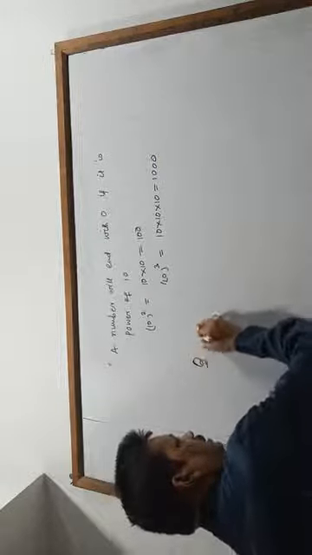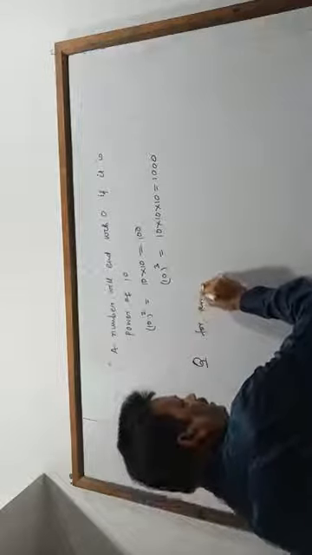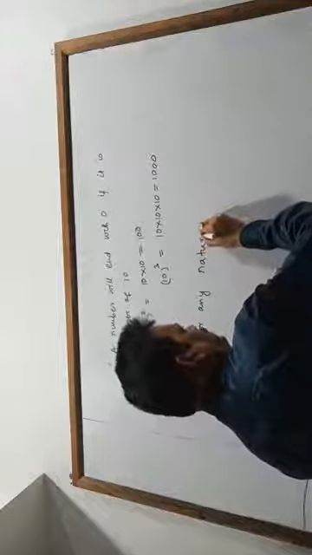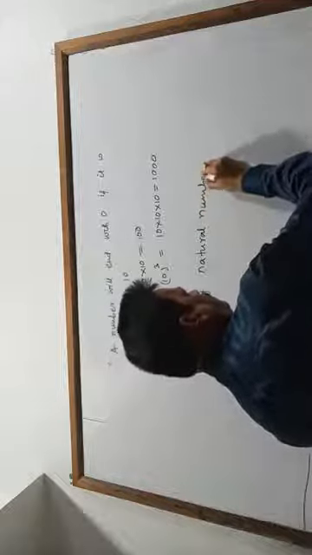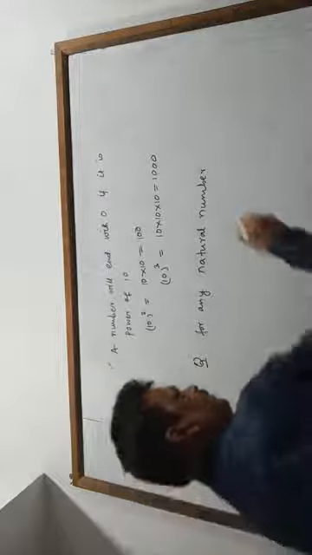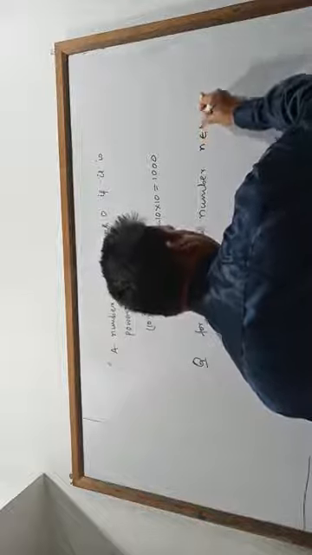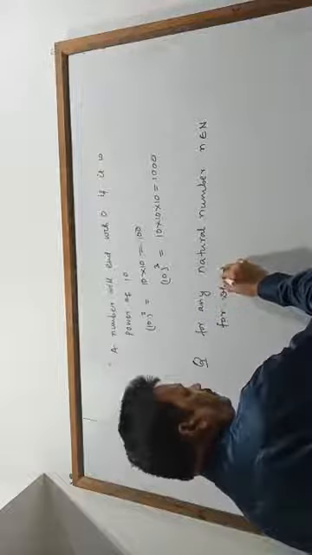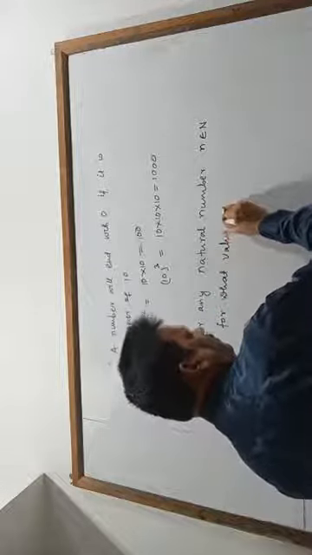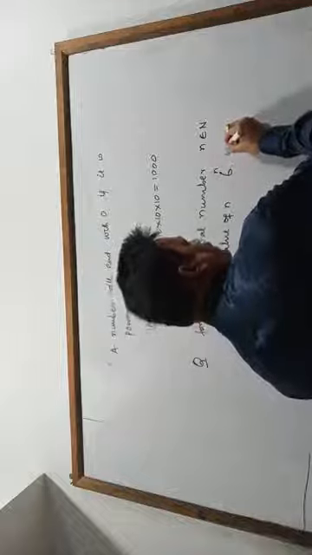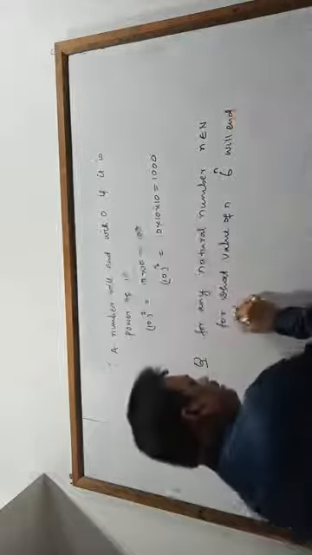Now if I have a question: for any natural number n, that belongs to natural numbers, for what value of n will 6 to the power n end with 0?